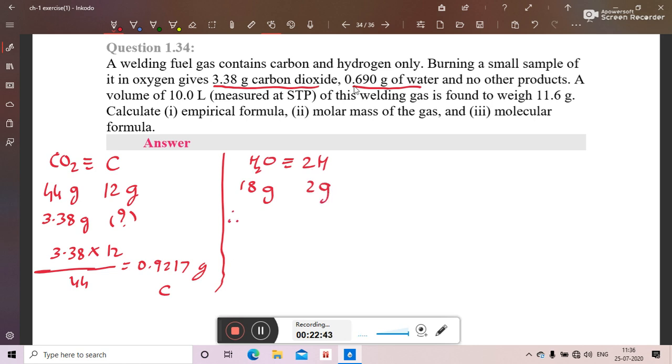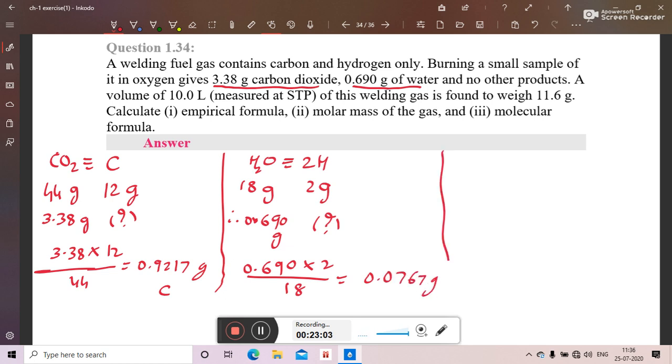So now here we are having 0.690 gram water. So what should be the mass of hydrogen? When we do cross multiplication, 0.690 into 2 upon 18, so that will come out as 0.0767 gram.